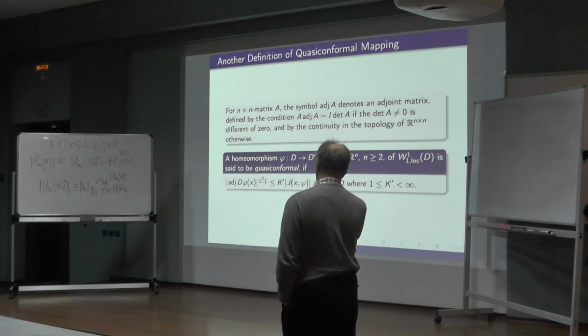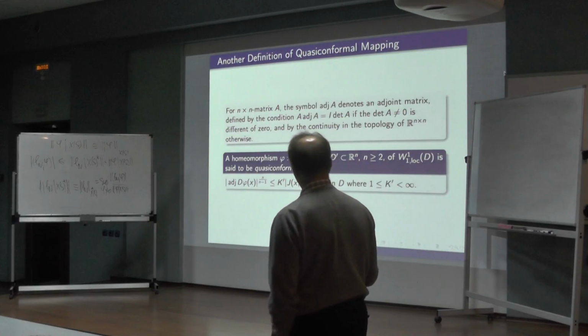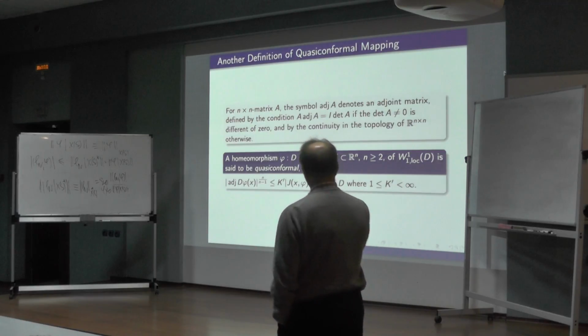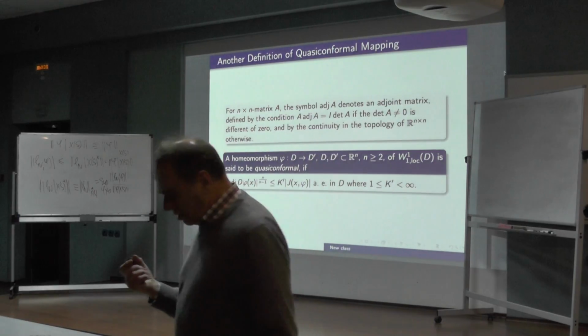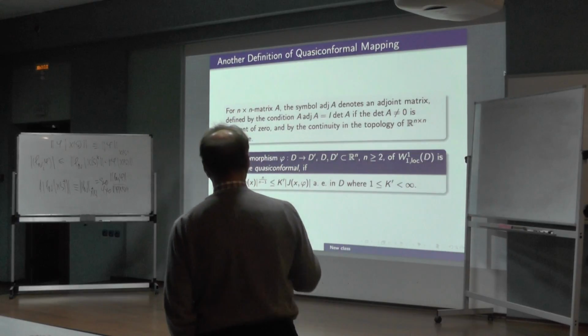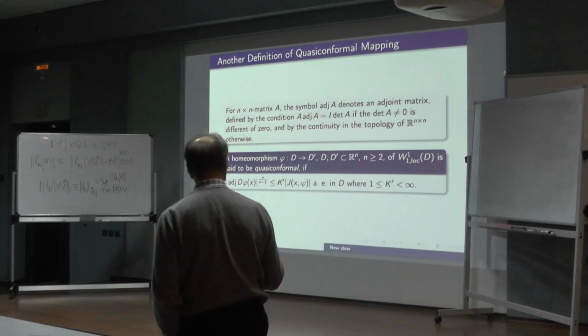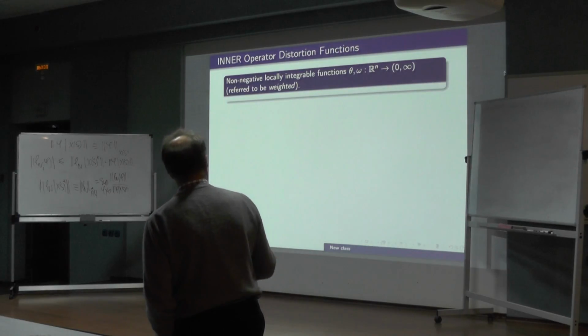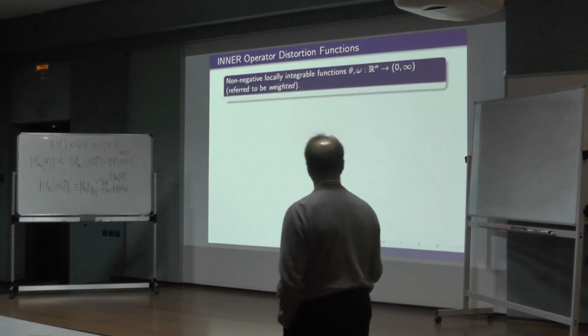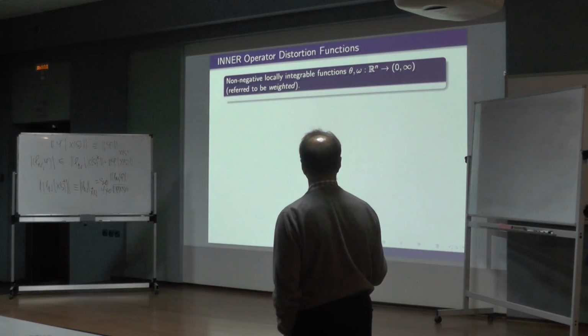What is interesting is that the first definition is responsible for the properties of the inverse mapping, and the second definition is responsible for geometric properties of the given mapping. And starting from this definition, we give some kind of generalized concept of the inner operator distortion function.